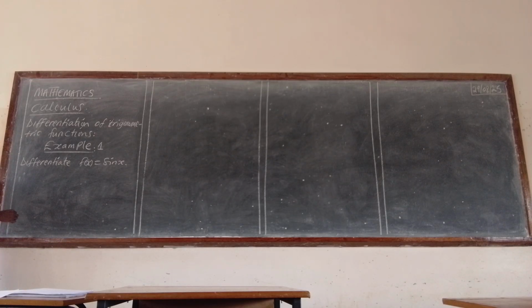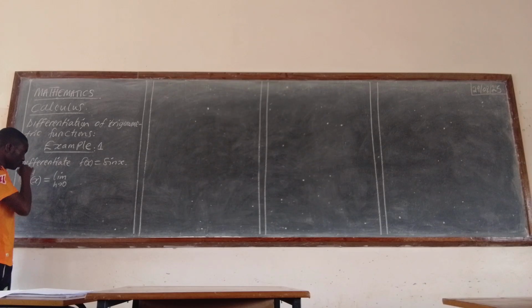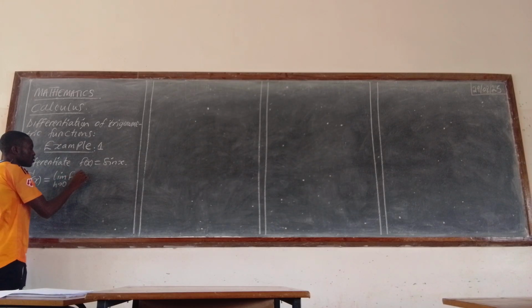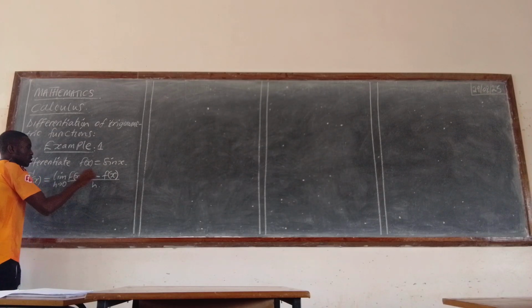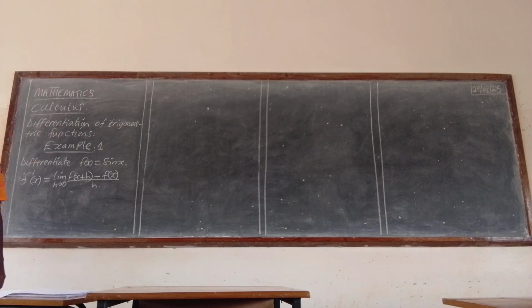Differentiating using the first principle, we say f prime of x is equal to the limit as h approaches 0 of f of x plus h minus f of x, divided by h. So this is the first principle method.